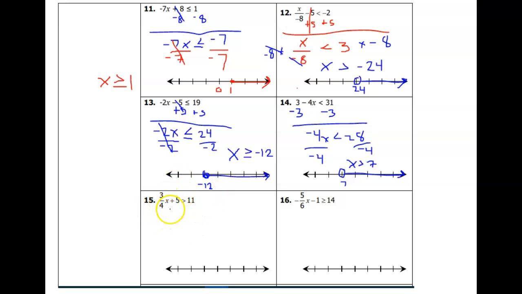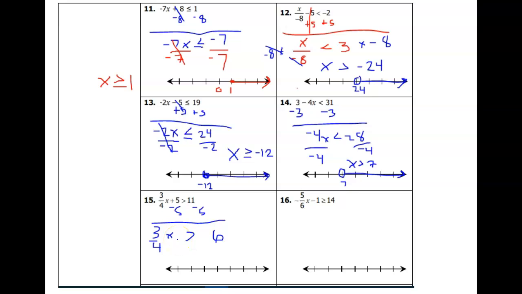For this one with the fractions, remember, guys, all the same, but we multiply by the what? When we're getting rid of fractions, we need to multiply by the reciprocal. So we'll do the same. I'm going to get rid of this 5 first, so I'm going to subtract 5 on both sides. And I know when I do that, I'll end up with 3 over 4x is greater than 6.